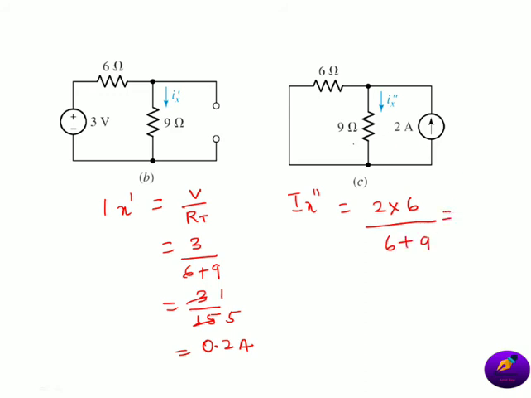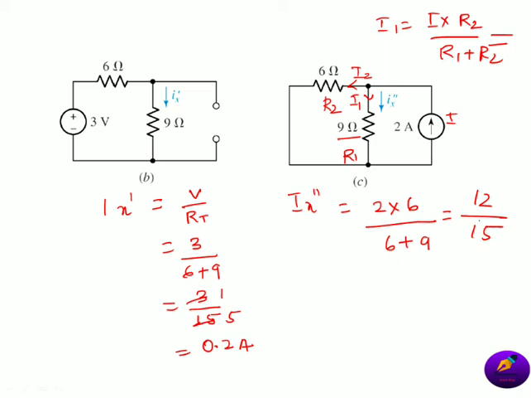Considering this as R1 and this as R2, and this one as I, this one as I2, this one as I1: I1 equals I multiplied by R2 divided by R1 plus R2. This is the current division property. So we will have 12 divided by 15, that is equal to 4 divided by 5, and this will be equal to 0.8 ampere.